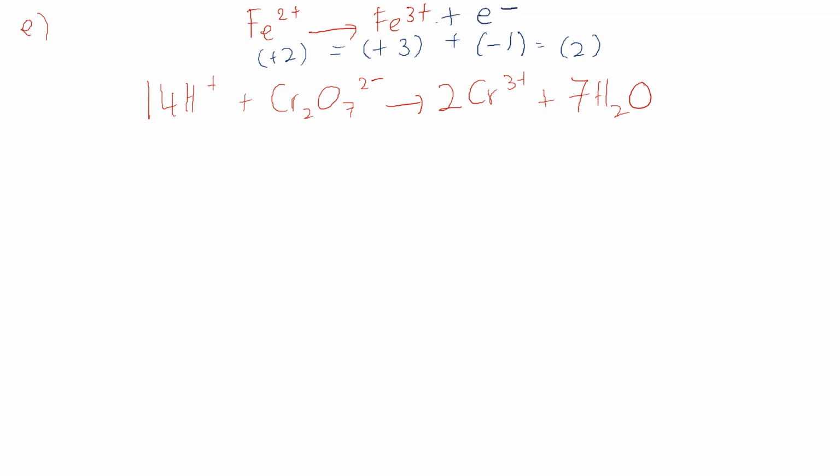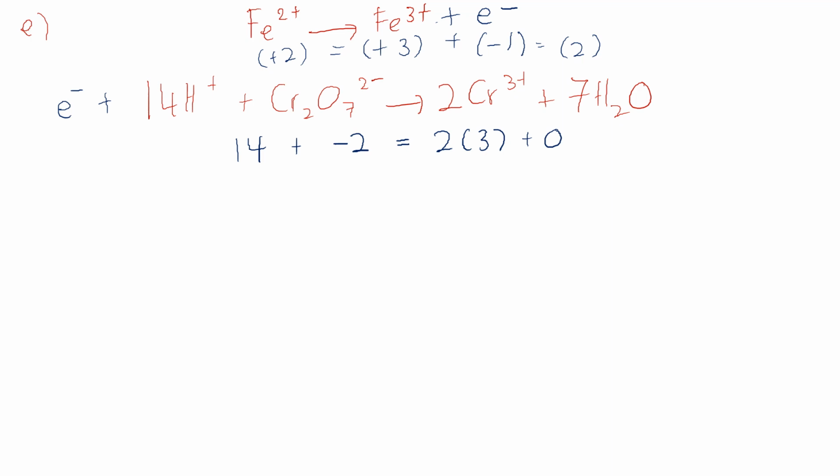For the Cr equation, the electron goes on the left side. To know how many, we look at the charges first. Negative 2 times... 3 plus 0, H2O is 0, plus 14 here.